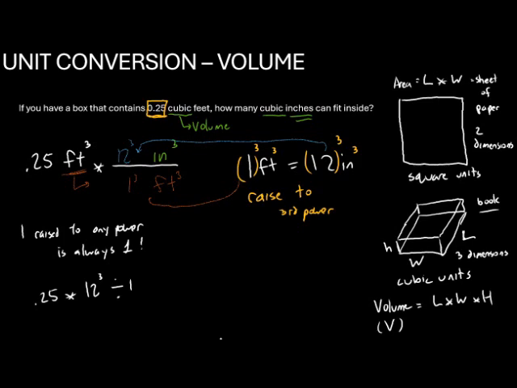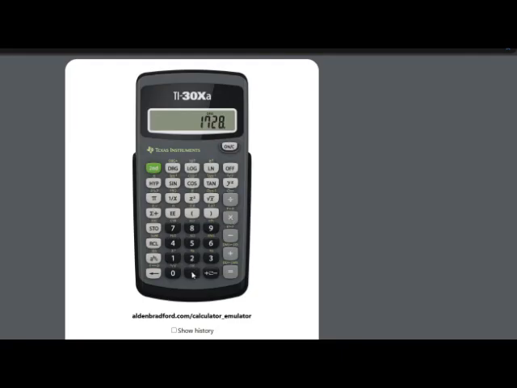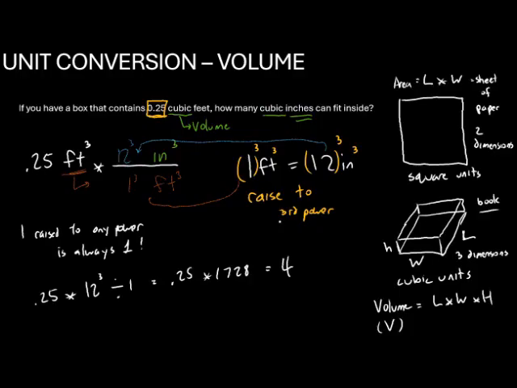This means our operation is now 0.25 times 1,728. With the 1728 already stored in the calculator, we now multiply by 0.25. We say times, and 0.25, and we press enter, and we get 432. We have the right number now.